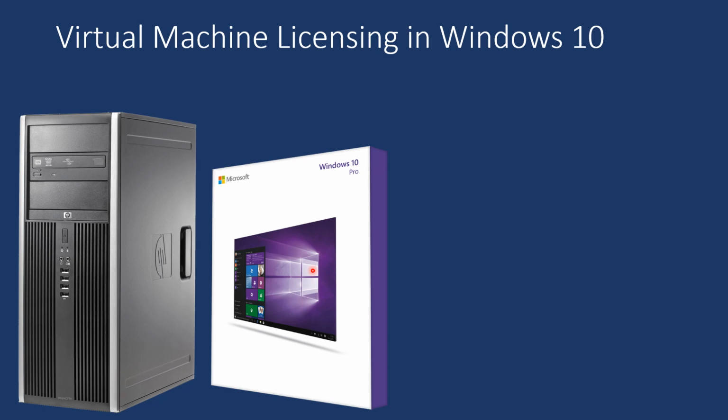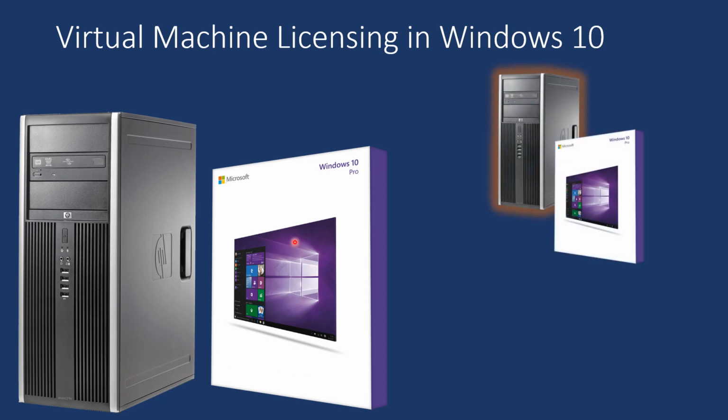Well, because it's a client, Microsoft don't give you this license. If you buy Windows 10 Pro for your physical computer, you can install it on your physical computer, enable Hyper-V, and create a virtual machine. But if you want to install Windows in that virtual machine, you have to buy another license. You cannot use the same license in the virtual machine. This is a restriction from Microsoft.